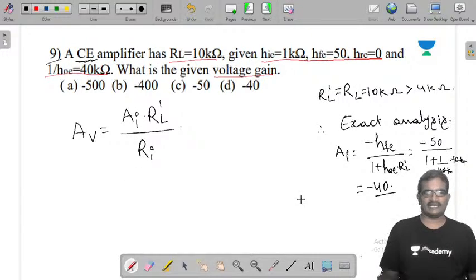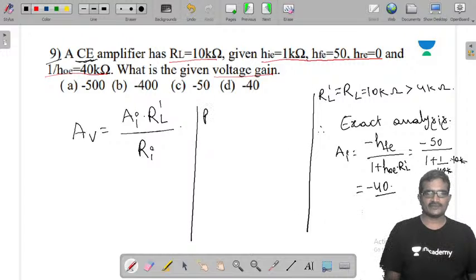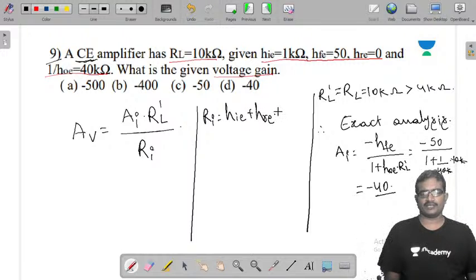After that, the input impedance. Ri is hie plus hre into AI into RL dash. Now it is hie 1 kilo ohm plus hre 0 into something, which is 1 kilo ohm.